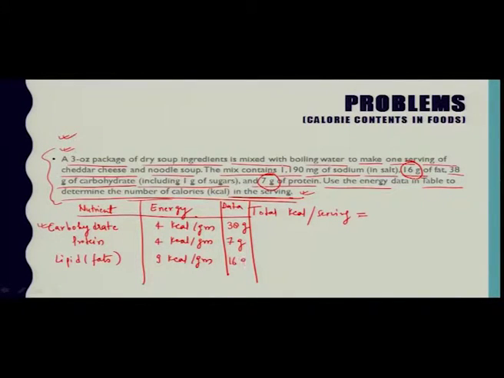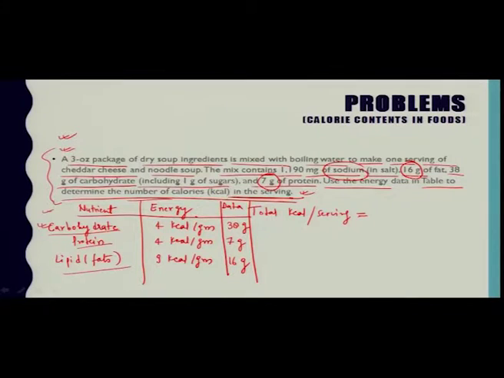So for the calculation of the number of calories, these nutrients are the only involving factors in that particular energy calculation. So only carbohydrates, protein and fat will be in consideration, and we will not consider this amount of sodium in our calculation.